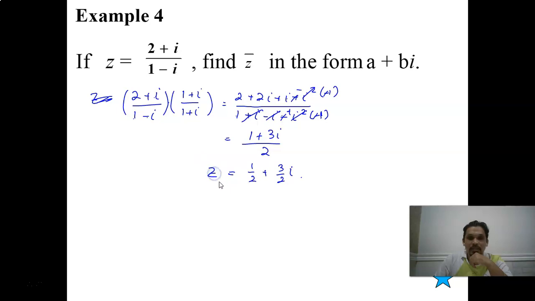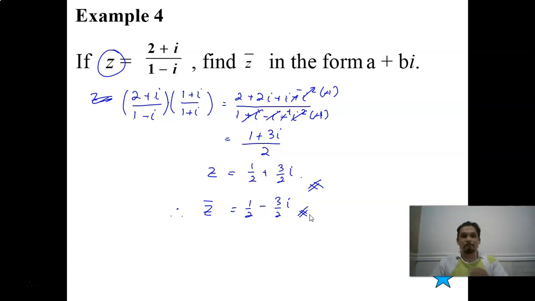This is z. So this is our z. So our z bar, or conjugate of this z, equal to 1 over 2 minus 3 over 2i. That's it.